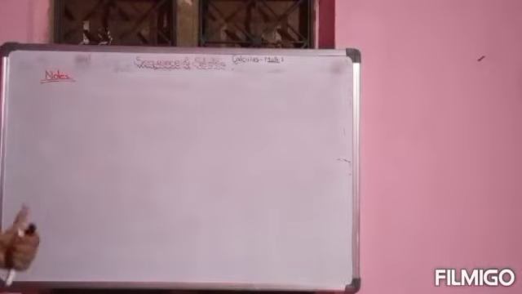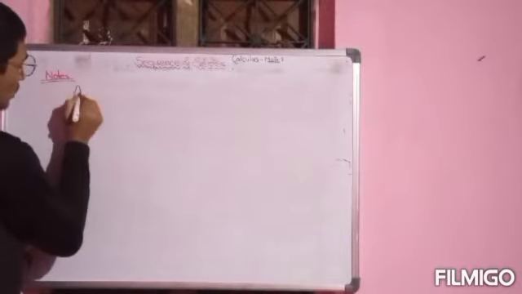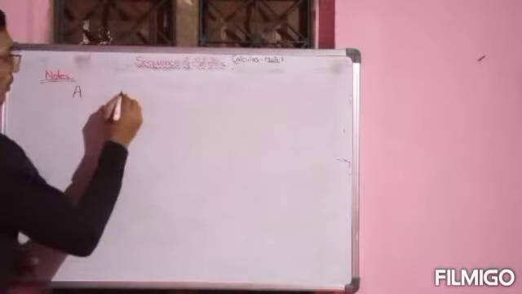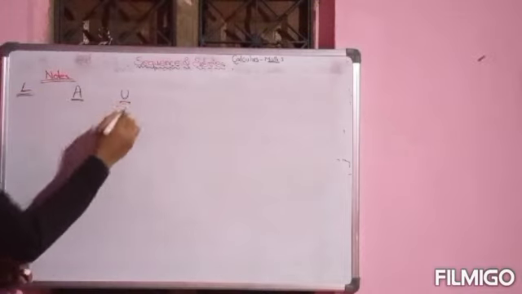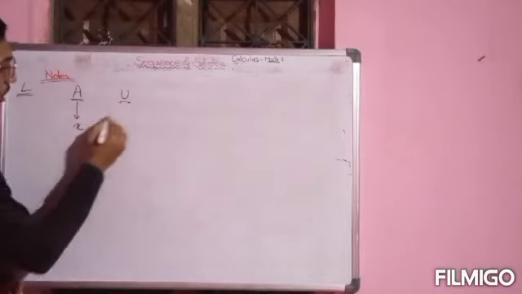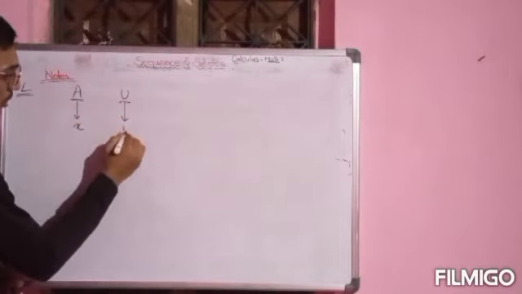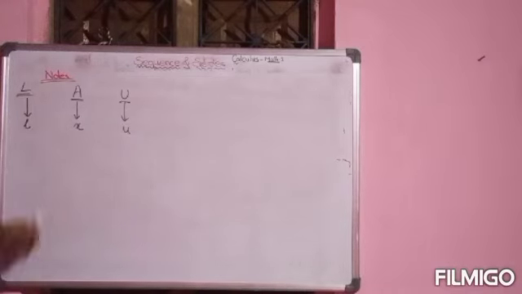In the set we define, suppose A is a set, we define its upper bound set, we define its lower bound set. Okay, I am denoting all the elements of set A as x, all the elements of set U as small u, all the elements of set L as small l. Okay, and we also define supremum and infimum.